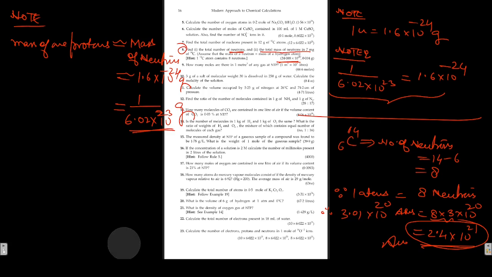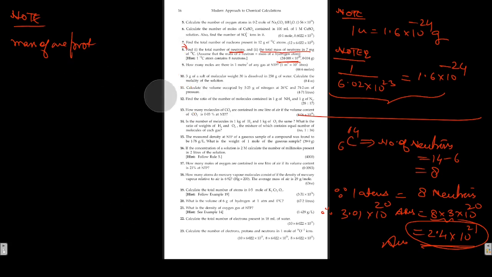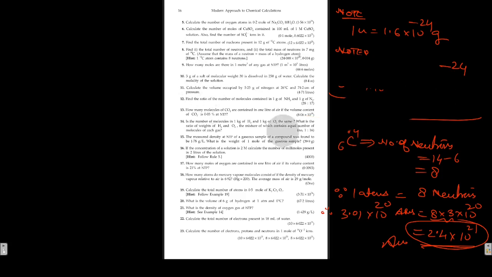The next question. Here it is telling, don't go on the hints given here, don't use the hints.